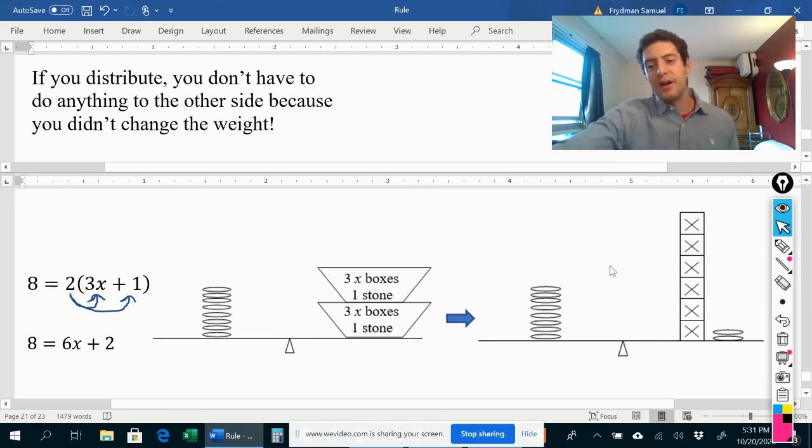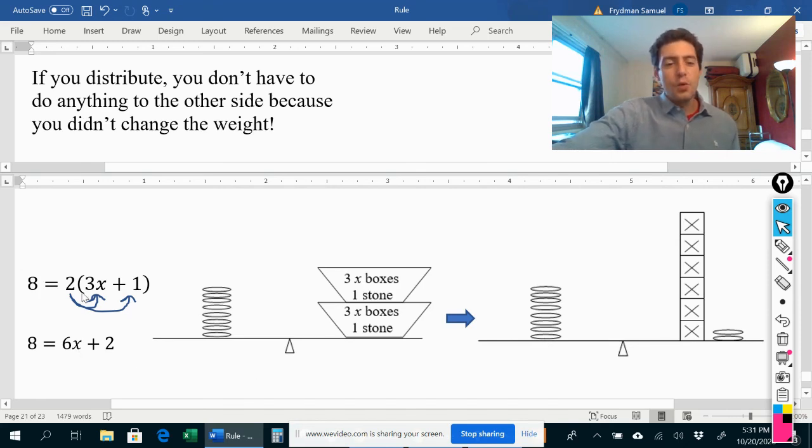When we unwrap them, which is like distributing, then we still have the weight of 6 X boxes and 2 stones. So if 6 boxes and 2 stones were perfectly counterbalancing the weight of 8 stones over here, then when we unwrap everything, this should still be perfectly counterbalancing the weight of the 8 stones on the other side.